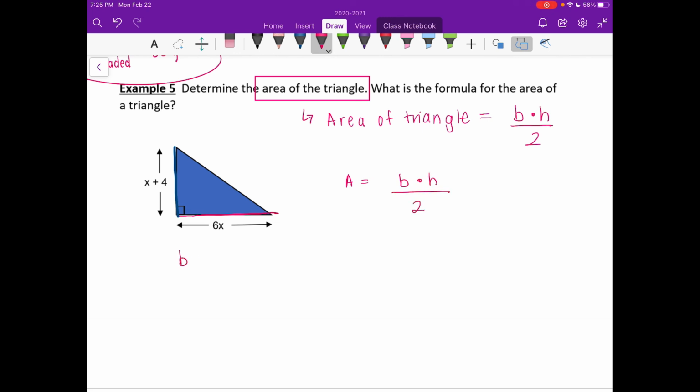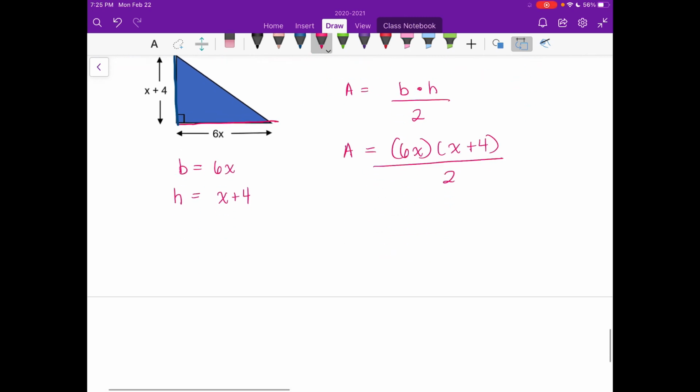I know that my base is equal to 6x. I know that my height is equal to x plus 4. I can just go in and plug in b and h, solve and substitute, right? So let's do that. So we have 6x times height, which is x plus 4, divided by 2, right?